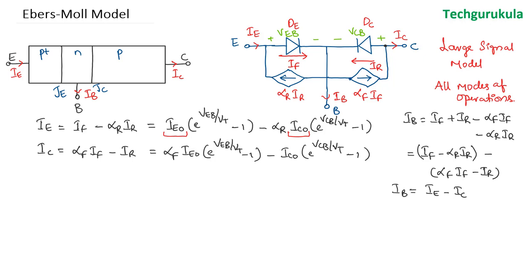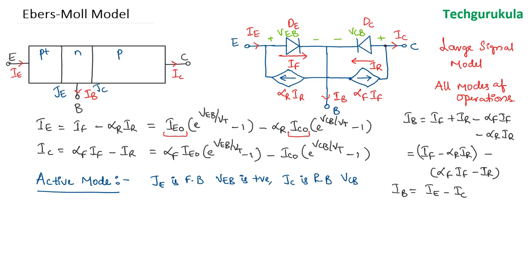So let's correlate with them and find what these quantities are. In active mode, JE is forward biased, where VEB is positive, and JC is reverse biased, which means VCB is negative. So taking this, let me write the expressions for IE and IC here.